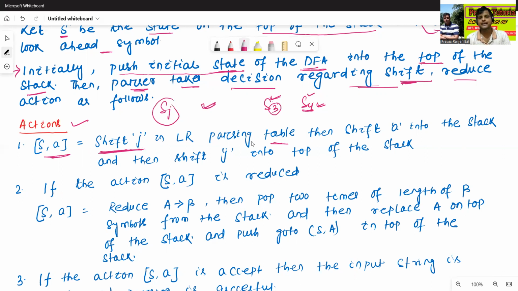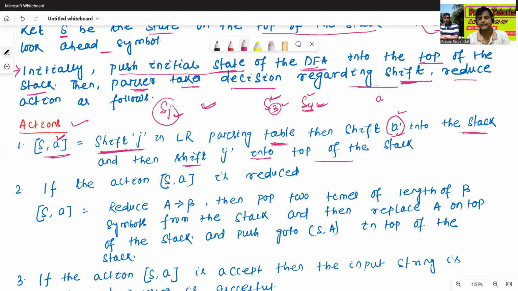Shift J in the LR parsing table means what? Shift this A, this terminal, onto the stack, and then shift this number like J, or the number like 3 or 4, onto the top of the stack. First we shift A, then its number.